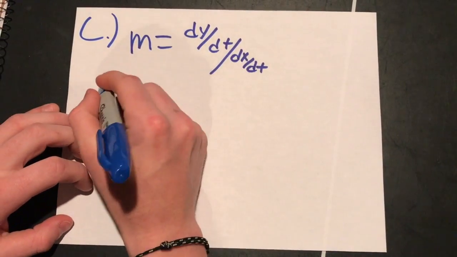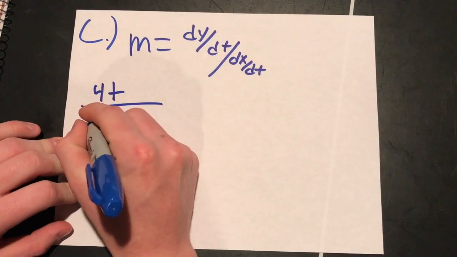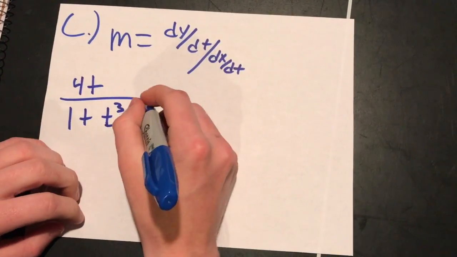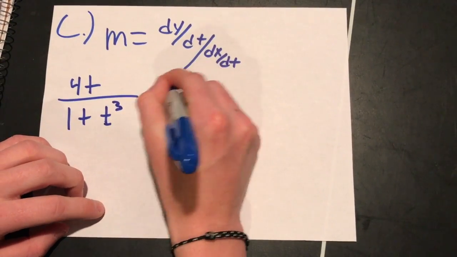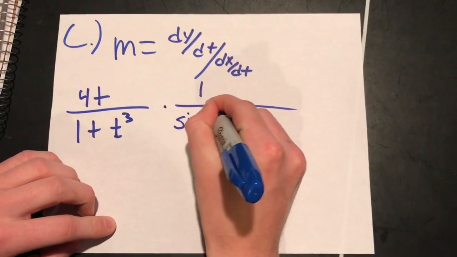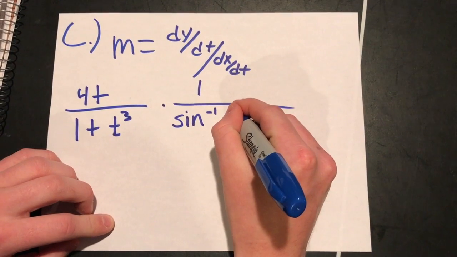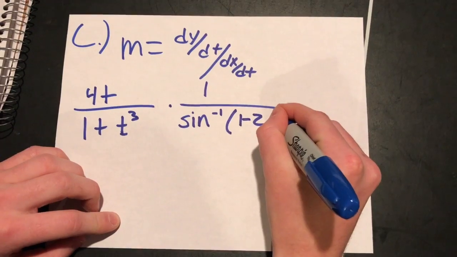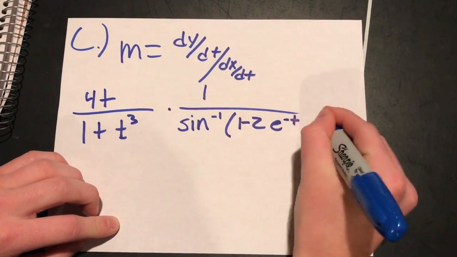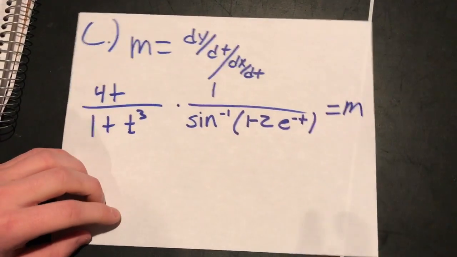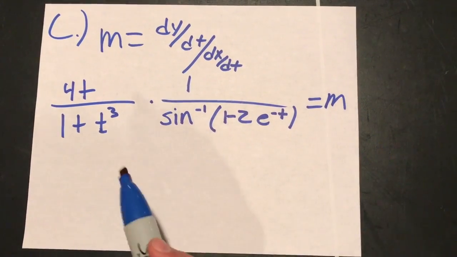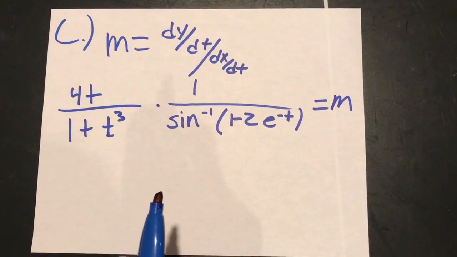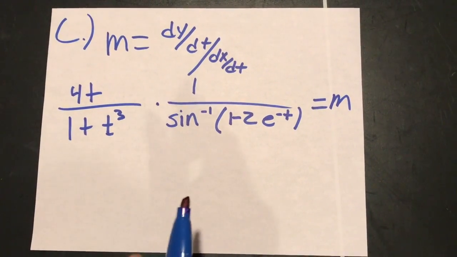We can write that out as 4t over 1 plus t cubed, multiplied by 1 over inverse sine of 1 minus 2e to the negative t, and that will give us our slope. Since we have our slope function at this point, we need to evaluate the function as t approaches infinity.